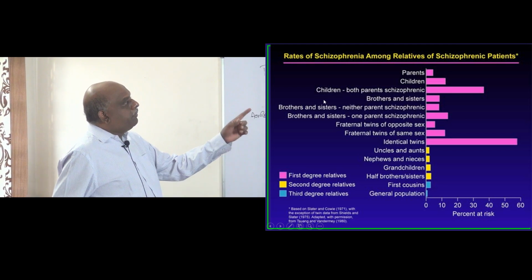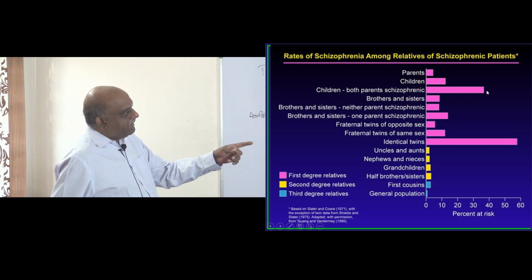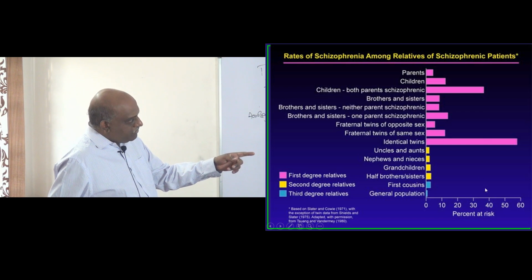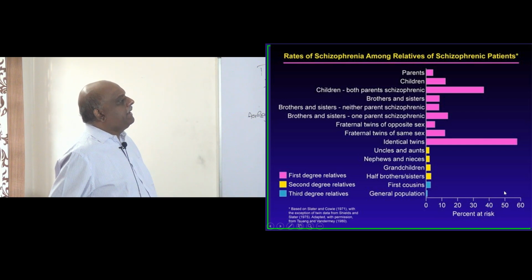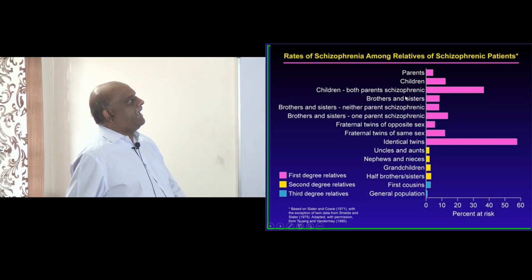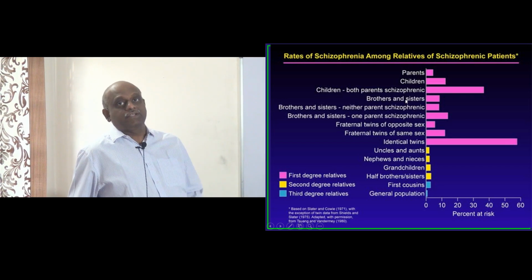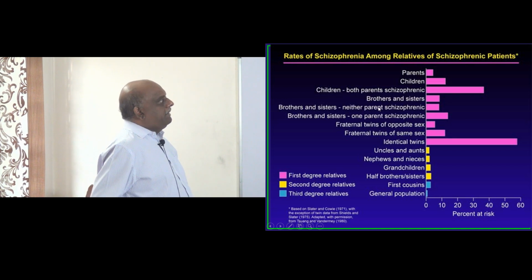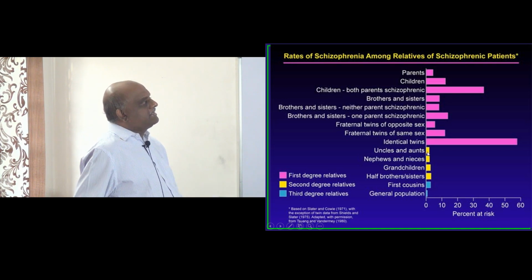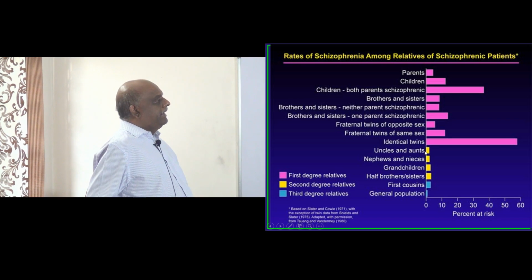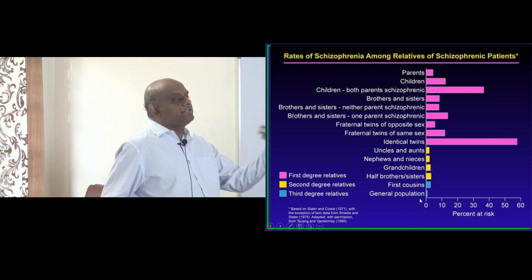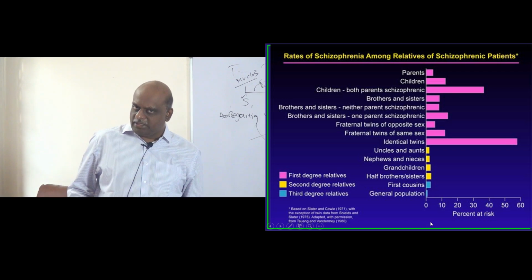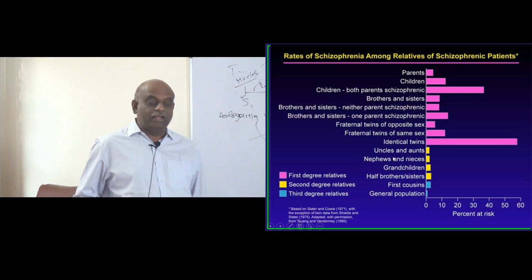But if both parents are schizophrenic, there is at most a 40 to 50% risk. When both parents are schizophrenic is what you have to remember. Similarly, how much for brothers and sisters, for uncles and aunties, and the chance of being schizophrenic if first cousins are schizophrenic, etc.